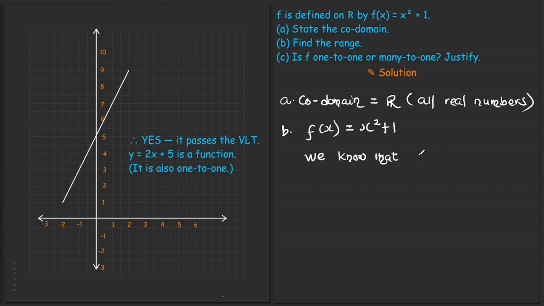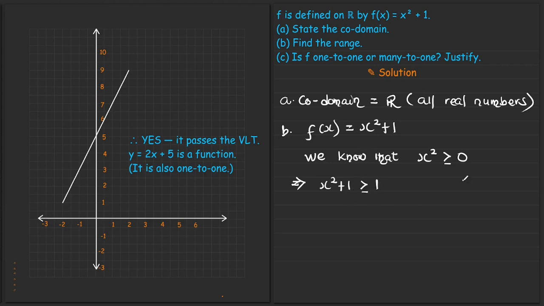for every x, x squared is greater than or equal to 0. So if x was even to be negative, you would still get what? The value of x squared being greater than or equal to 0. So that would simply imply that our x squared plus 1 is also greater than or equal to what? 1.